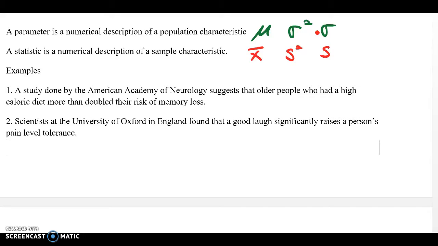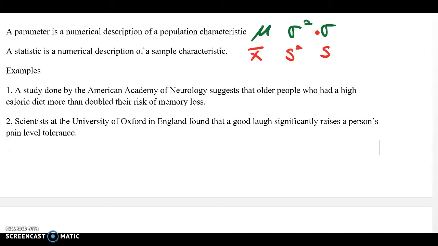Now, look at this example. We want to find out whether each sentence describes a parameter or a statistic. Number 1. A study done by the American Academy of Neurology suggests that older people who had a high caloric diet more than doubled their risk of memory loss.